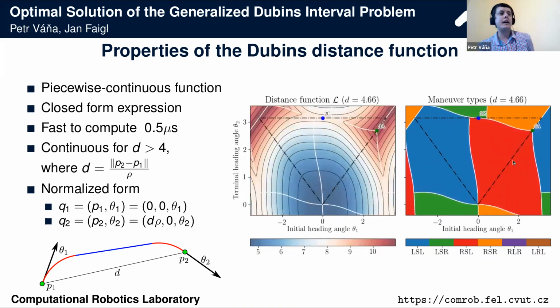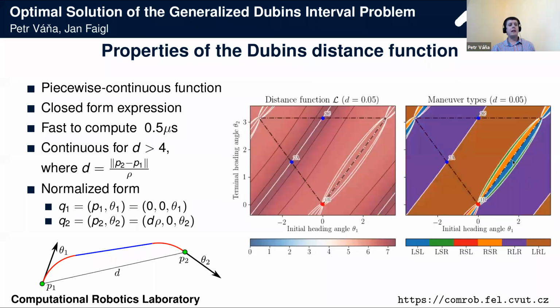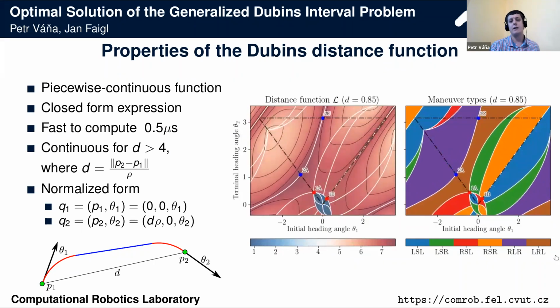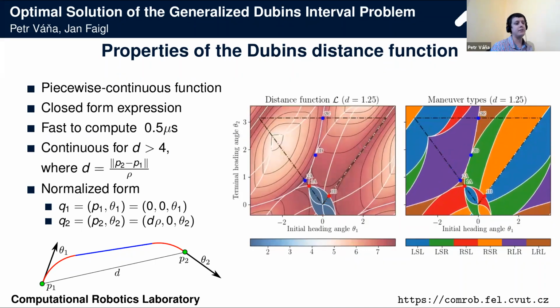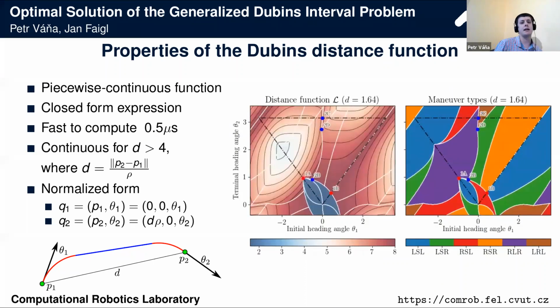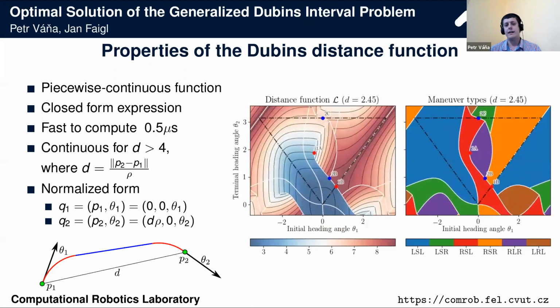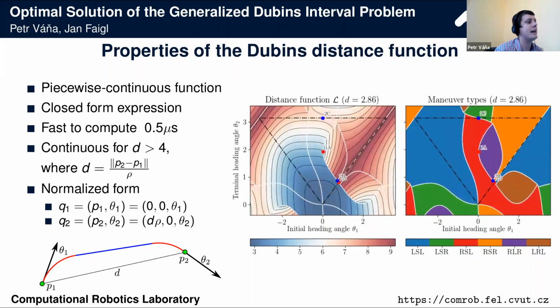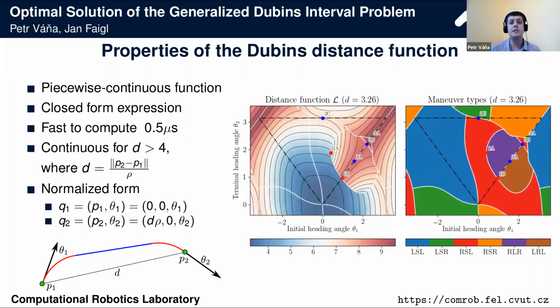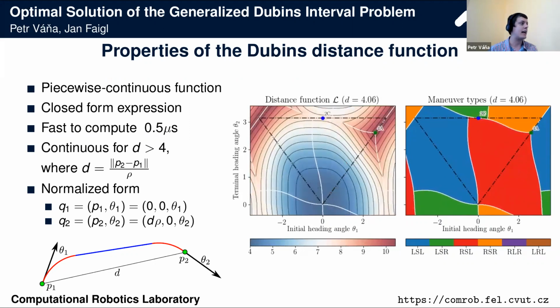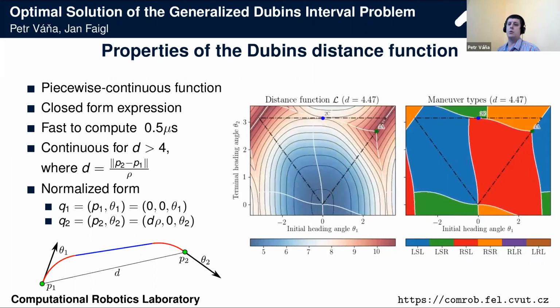And on the right part of the animation, you can see the maneuver types. So these 6 maneuvers are possible, where L is left turn, R is right turn, and S is straight segment. Okay, so now we know that the Dubins distance is quite a complicated function, and it's not that easy to work with that.